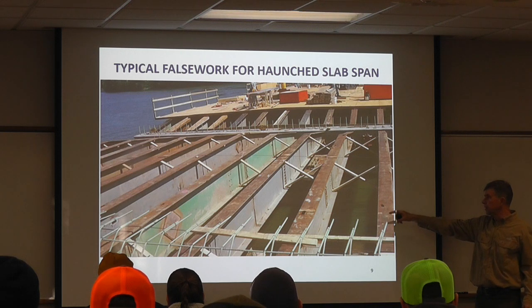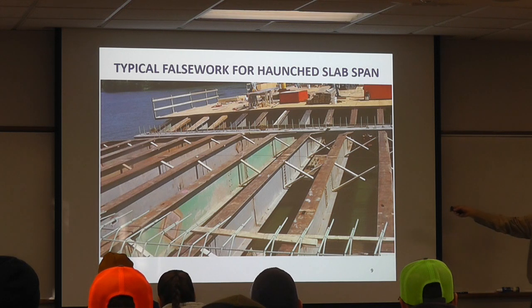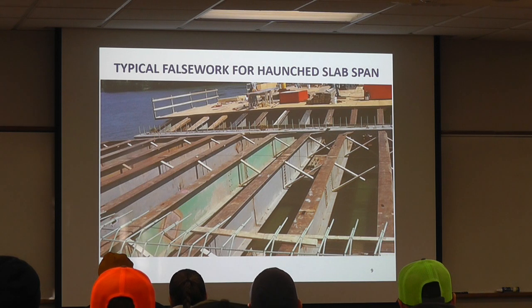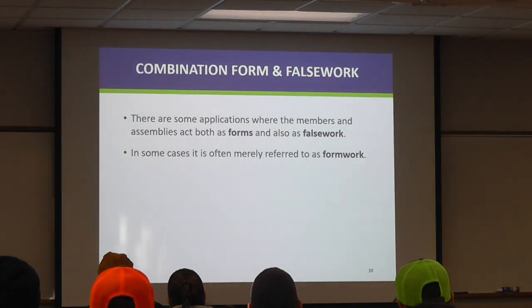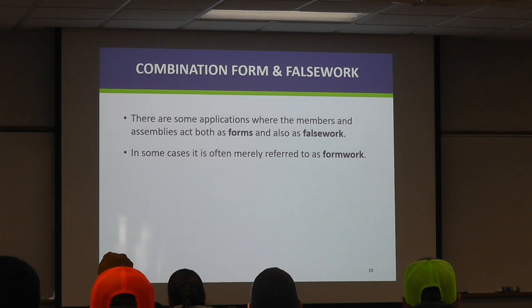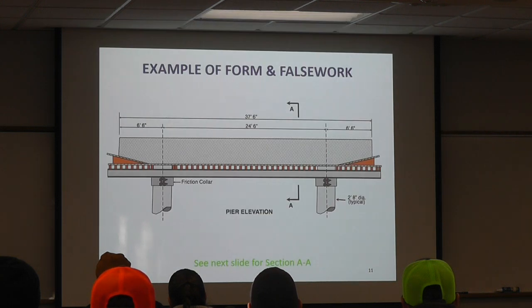And it's supported during construction by something like this, where here's some steel girders or beams that are going from abutment to pier, and pier to pier, pier to abutment, or whatever, to accommodate. So there are some applications where something is both a form and a falsework, and so sometimes you just call it formwork.